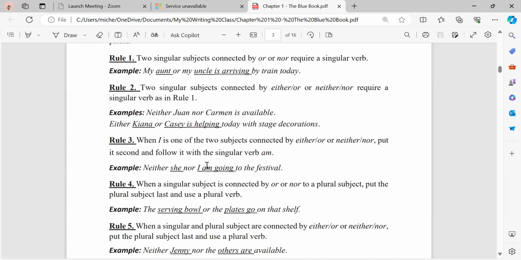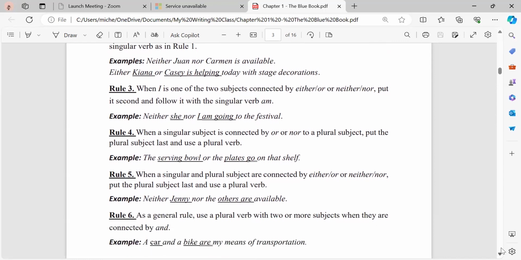So am going should be the verb right here, and she and I are the two subjects. It's still singular, but since there's I, it's an exception. It is not neither she nor I is, but I am.